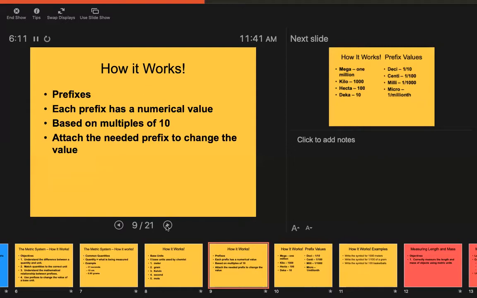So we have prefixes being attached to base units, and that's going to change their value. And all of these are going to be based on multiples of 10.